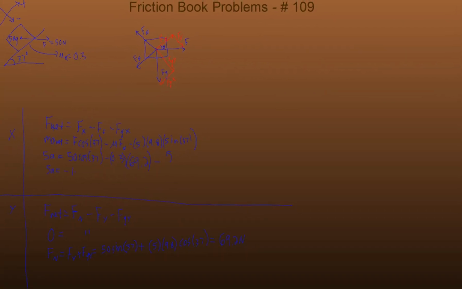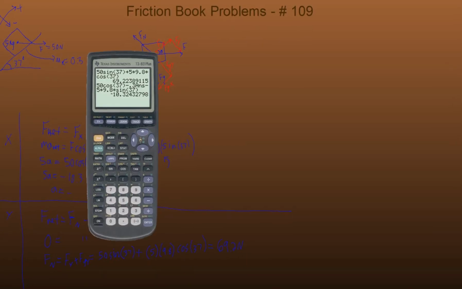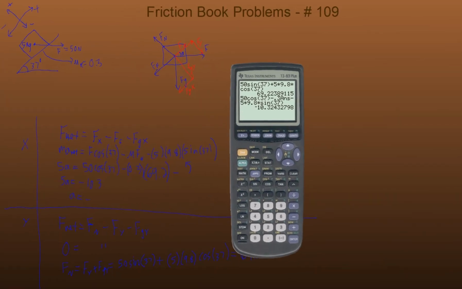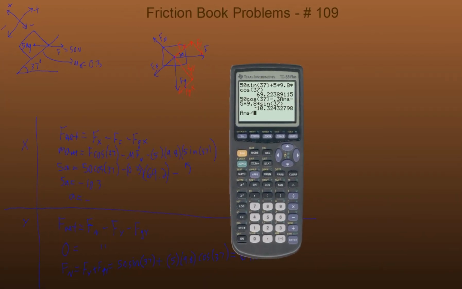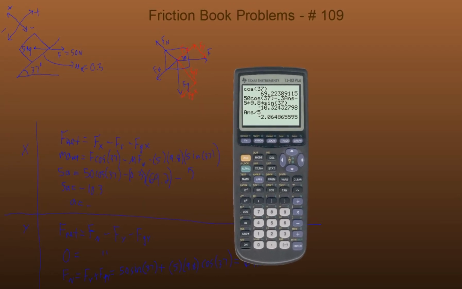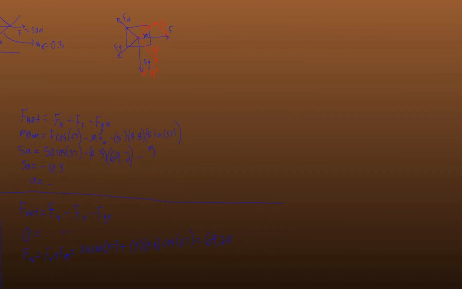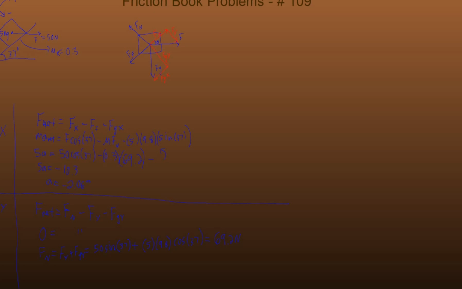So negative 10.3. So a equals negative, divide this by 5, negative 2.06 meters per second squared.